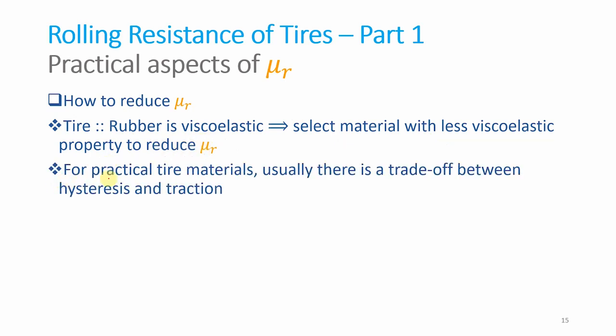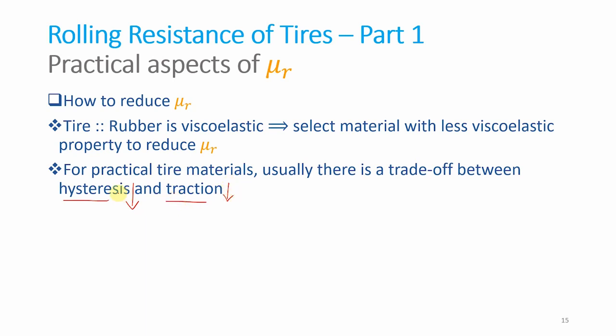But for practical tire materials, usually there is a trade-off between hysteresis and traction. That means when you try to decrease the hysteresis, that means when you try to make the material more elastic, then what is observed is that the traction property is also coming down.